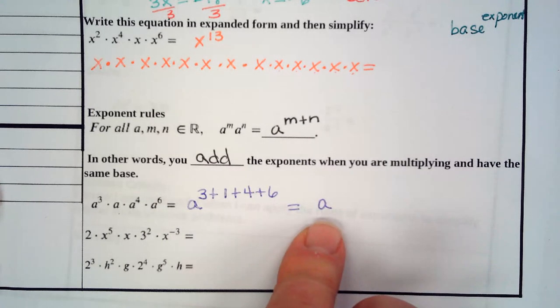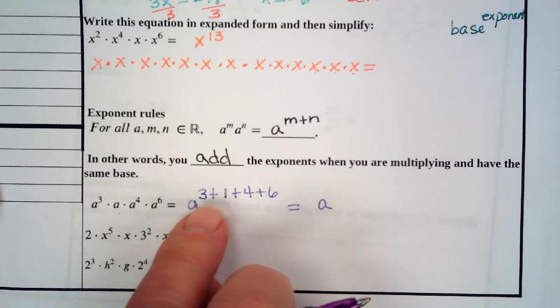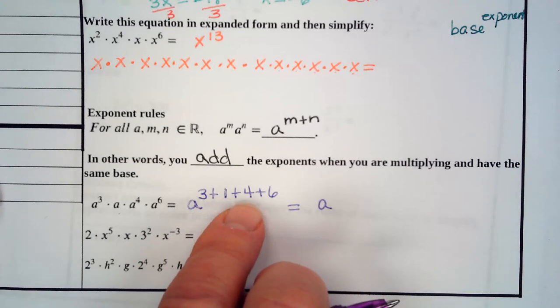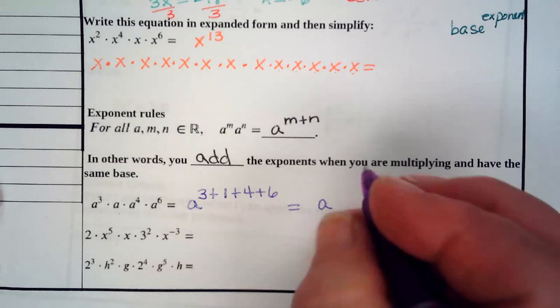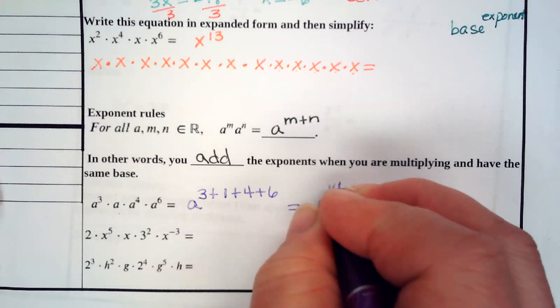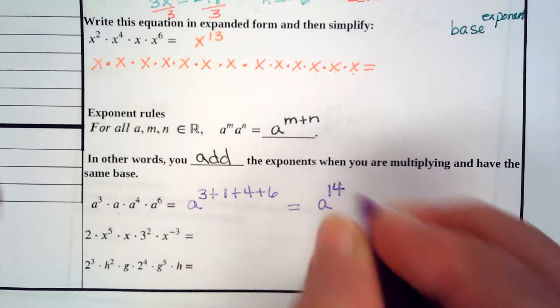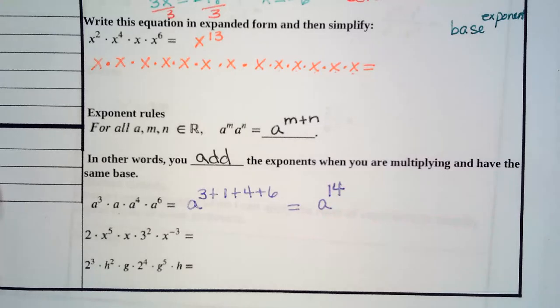The a doesn't change. 3 plus 1 is 4, plus 4 is 8, plus 6 is 14. Any questions?